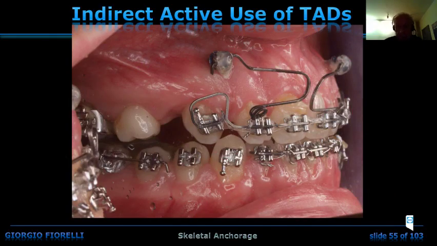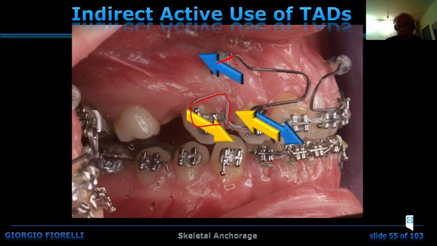This mechanics I'm using is bringing the incisor to the palate, because of the activation of this rectangular loop, and there's another rectangular loop on the other side. So I am using this TAD, this cantilever attached to the TAD, to produce the opposite force, okay?